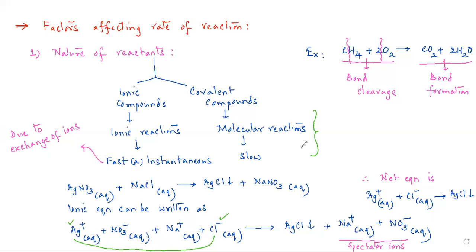Suppose you got two reactions, one involving the cleavage and formation of fewer bonds, the other involving the cleavage and formation of more bonds. The one involving fewer bonds occurs quickly compared to the other. Isn't it?